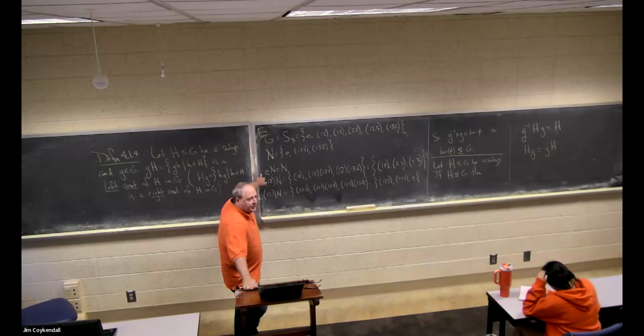Yeah, H and G is inseparable. Then the number of distinct left, respectively right, cosets of H and G is called the index.